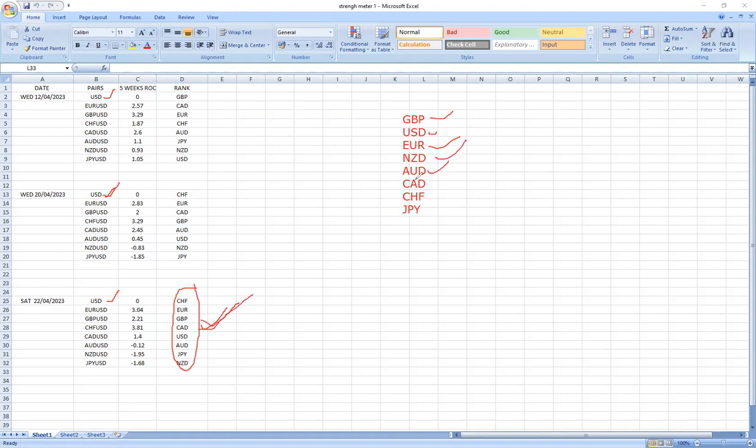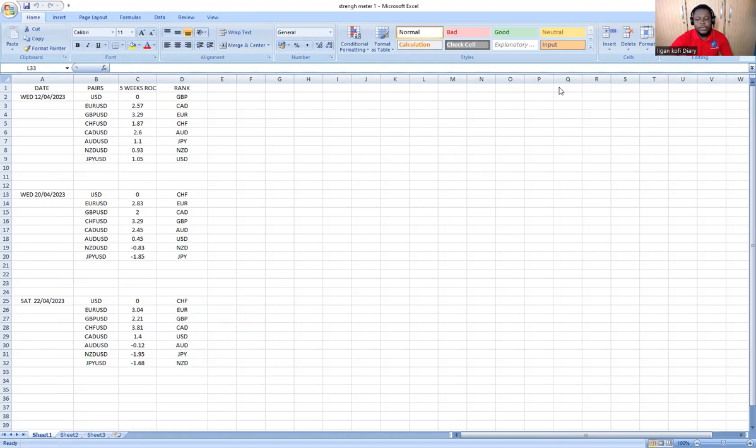If I use AUD, CAD, CHF, or JPY to do the calculation, I'll get the same results. So it really doesn't matter which one you are using. Yours is to just choose one. Is that okay? So please take note that you will choose one of the major currencies.